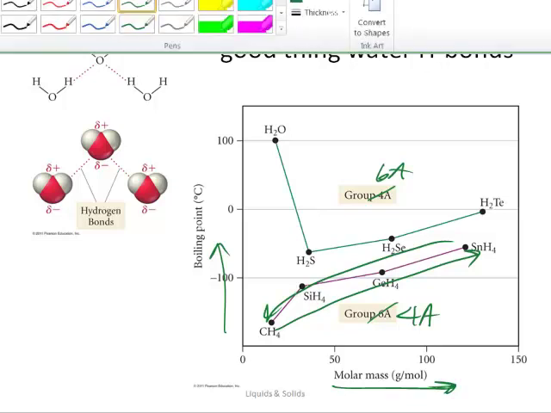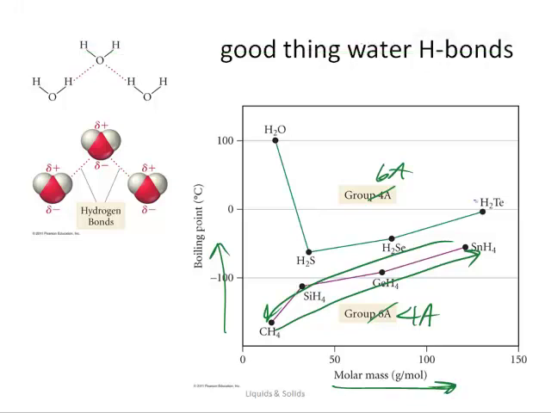If we take a look at group 6A, that trend stays true. Tellurium, the biggest atom pictured here, the most polarizable, has a higher boiling point than selenium. Selenium is bigger than sulfur, so it has a higher boiling point than the sulfur hydride, as we're seeing.